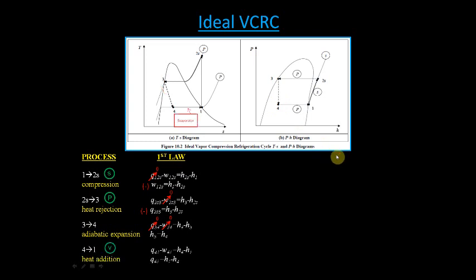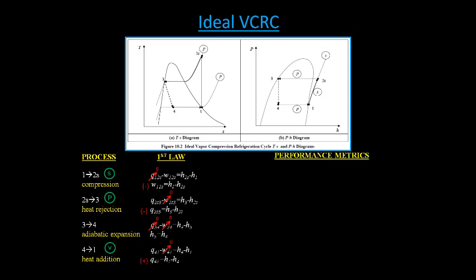And the last process is heat addition through the evaporator, where our rate of heat transfer from state 4 to 1 minus our work per unit mass from state 4 to 1 is equal to the enthalpy at 4 minus the enthalpy at 1. Being that the evaporator consumes no work and produces no work, we're left with the rate of heat transfer per unit mass from state 4 to 1 equal to the enthalpy at 1 minus the enthalpy at 4. And if we have heat addition added to the cycle, our sign for this heat transfer is, that's correct, positive.